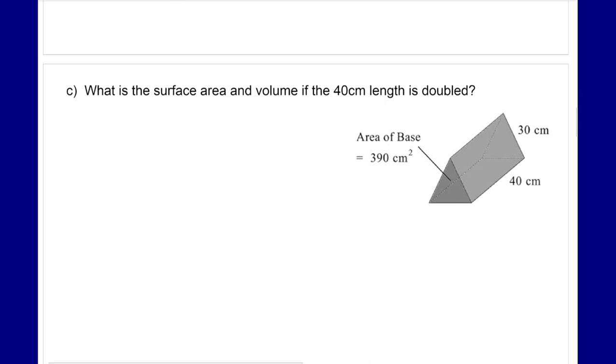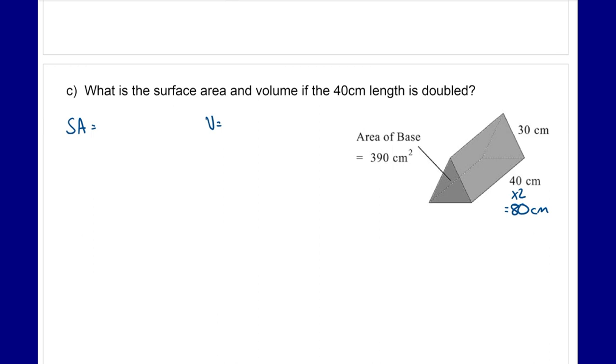The next question asks, what is the surface area and volume if the 40 centimeter length is doubled? So this length is going to be doubled to get 80. Our new length is now 80 centimeters. We're going to calculate our new surface area and volume.